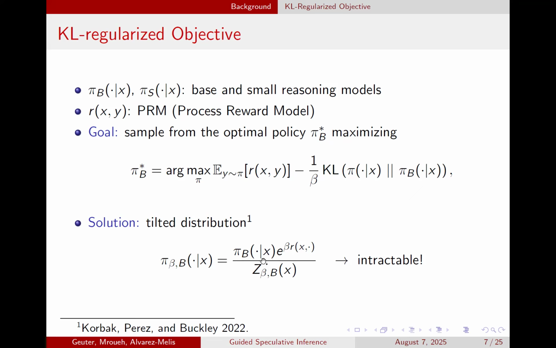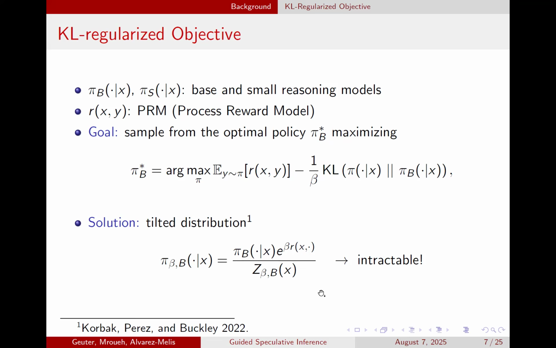But instead of just pi b, we tilt pi b by this term e to the beta r. So this tilting moves pi b into regions where the rewards are higher. And then we also need to normalize this to actually turn it into a distribution. So it's called the tilted distribution because it tilts pi b towards higher rewards.